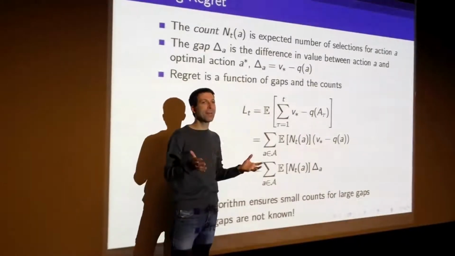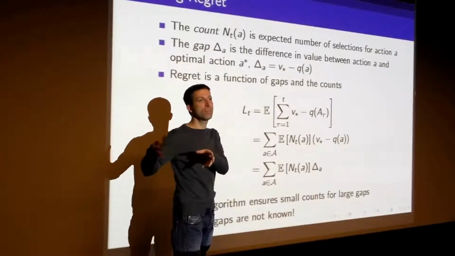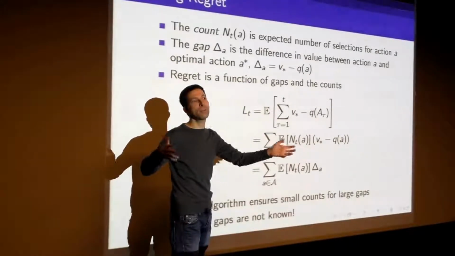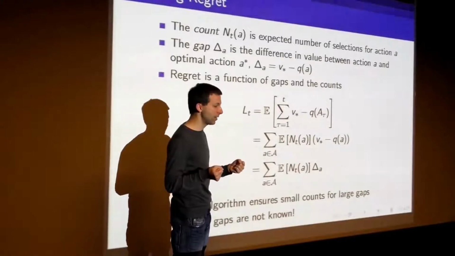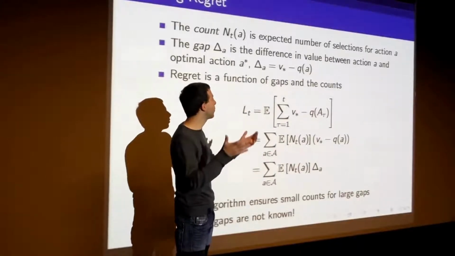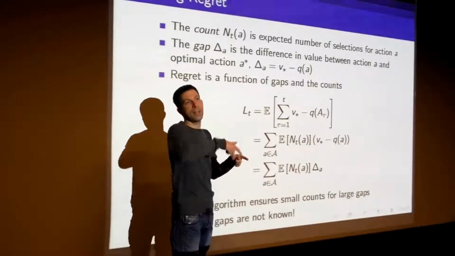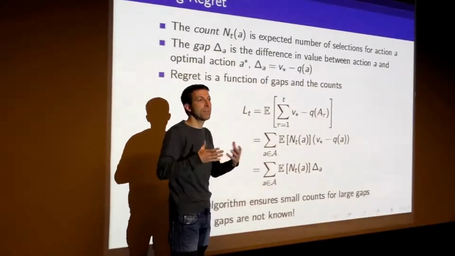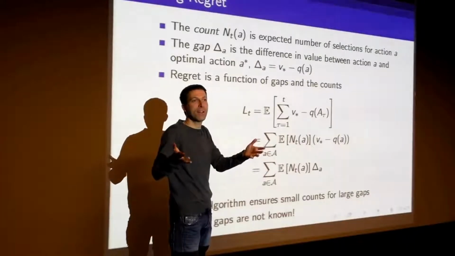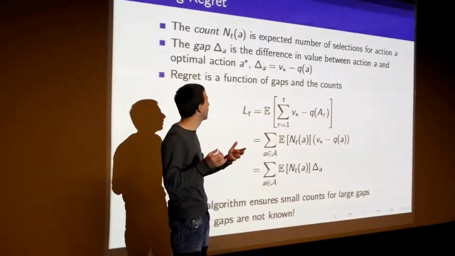So it's basically the gap between the best machine I could have pulled and some suboptimal machine. So if I want to know the gap for machine 3, that's the difference in value between machine 3 and the best machine. So there's some gap. It's like the difference between 80% and 75% again. There's a gap there of 5%.